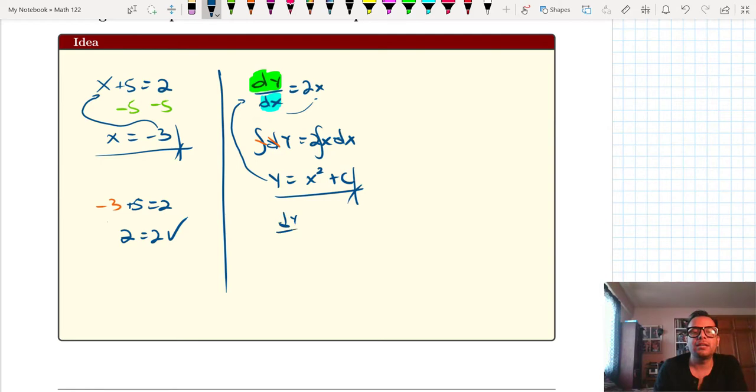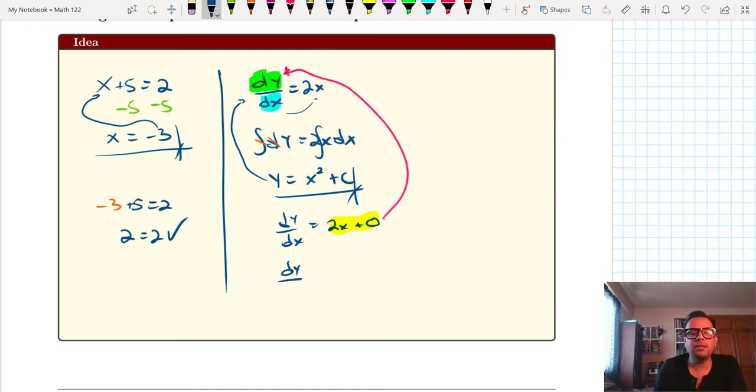So dy/dx equals the derivative of x squared, which is 2x, plus the derivative of a constant, which is 0. Okay, and let's plug this derivative in here, and hopefully both sides of the equation match.